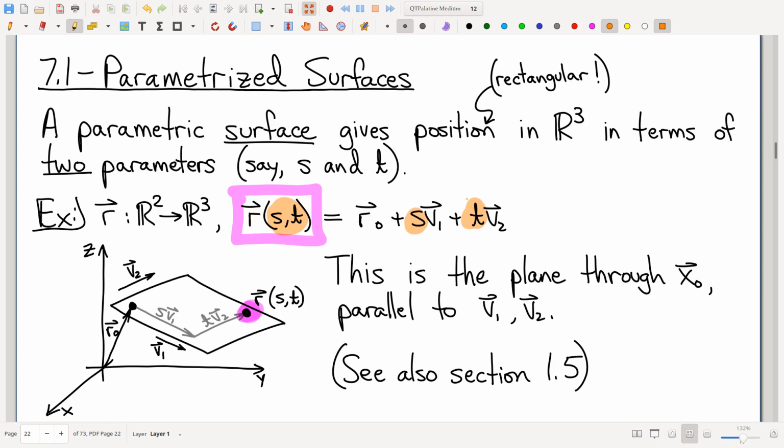And T tells you, in some sense, how far to go in the V2 direction. And the V2 vector is also given. That look familiar to everybody? Feel free to decide for yourselves if you might want to go back to section 1.5 and remind yourself of the details of that discussion. Okay, so position is a function of two parameters. This is straight up, immediately, a parametric surface.